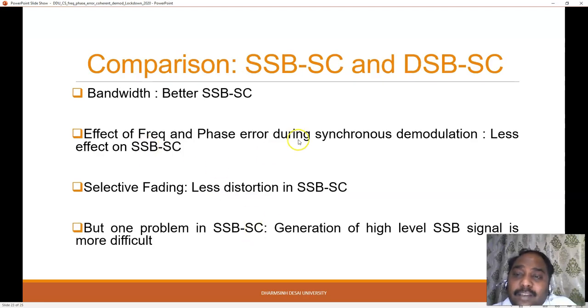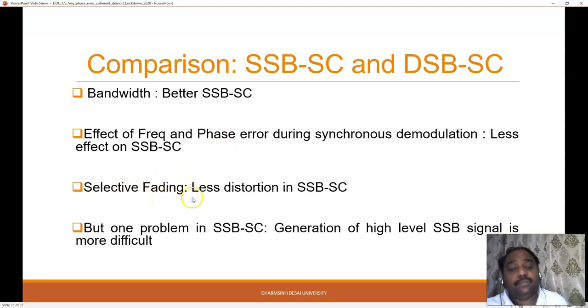Now, if you compare the SSB signal and DSB-SC with reference to bandwidth, then you know that if the message signal has a bandwidth of B hertz, then for DSB-SC you require 2B hertz, and for SSB-SC you require only B hertz. Now, for the effect of frequency and phase error during synchronous demodulation, the effect is less on SSB-SC compared to DSB-SC.